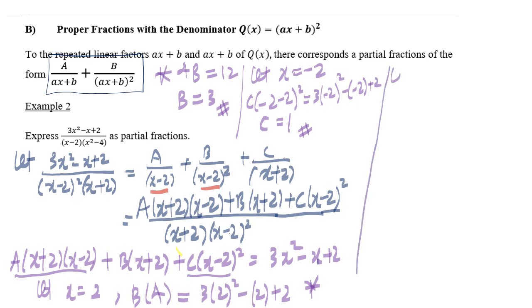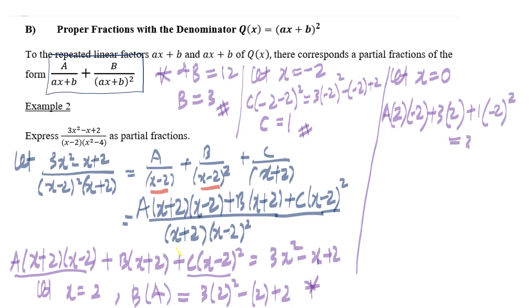Okay, so I'm going to let x equals 0. So a over a bracket 0 plus 2 is 2, negative 2. I've already found the values of b, so I can just plug it in. 2, value of c is 1. This will be my left hand side.